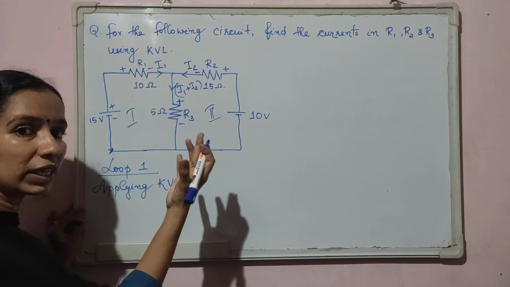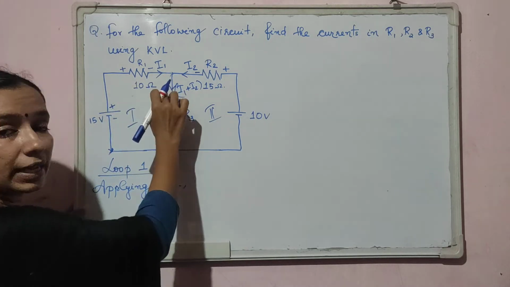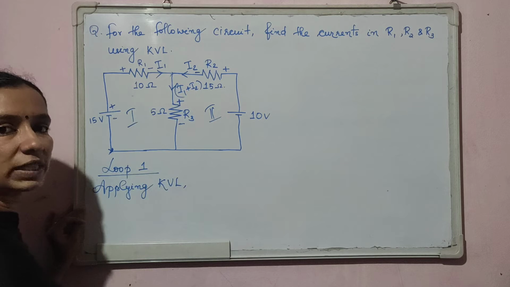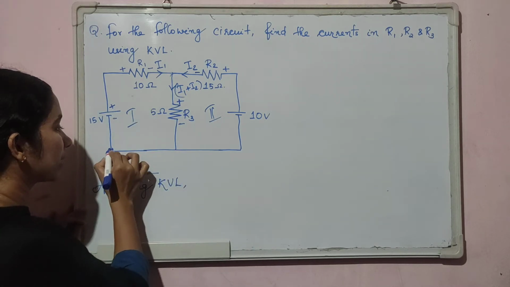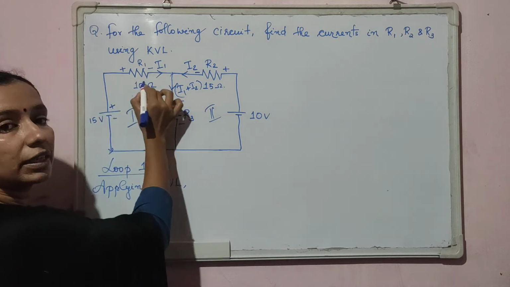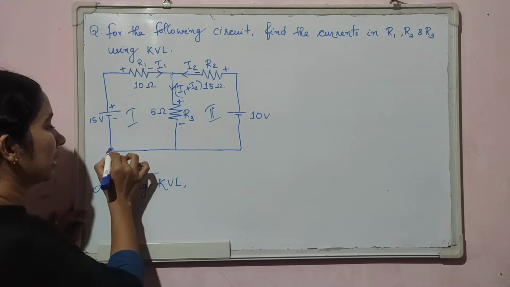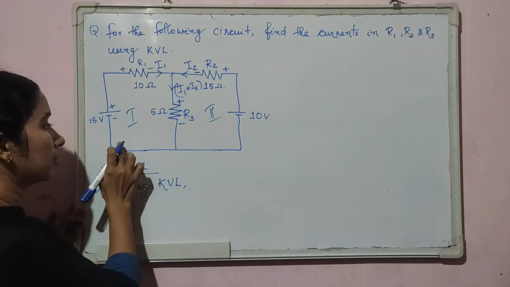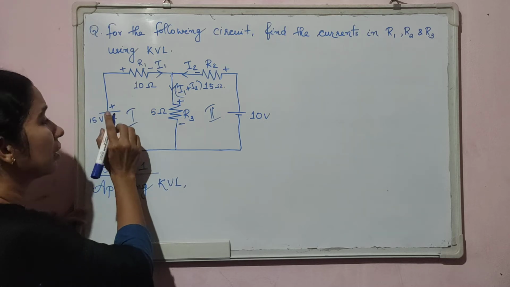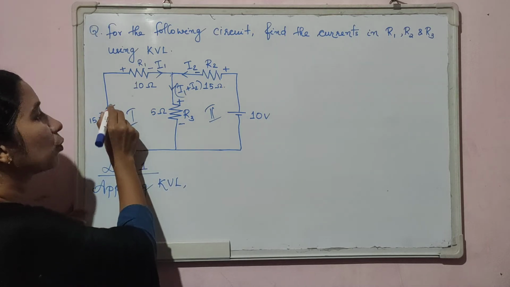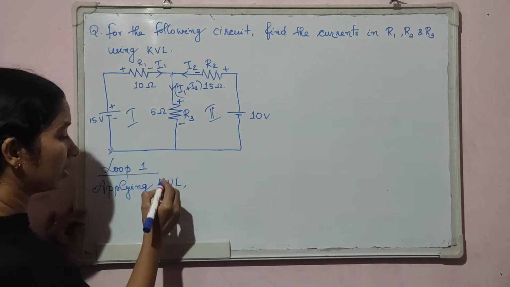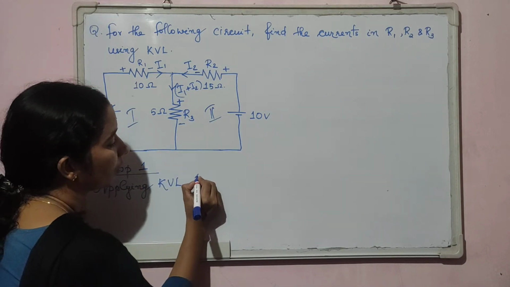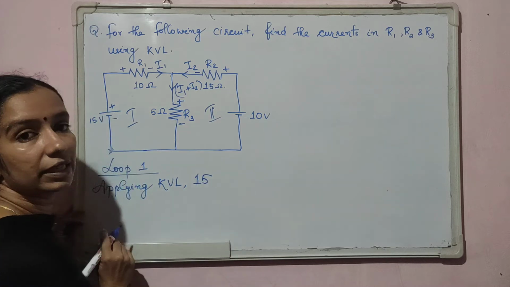We can move in either direction, clockwise or anti-clockwise, as per our convenience. I am moving from the negative terminal to the positive terminal of the battery, so there is a rise in potential. The battery voltage should be marked as plus 15.